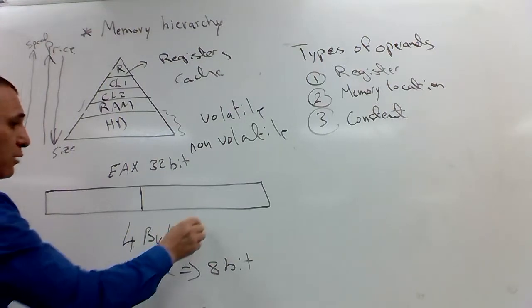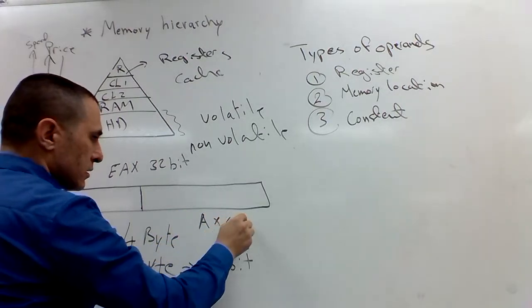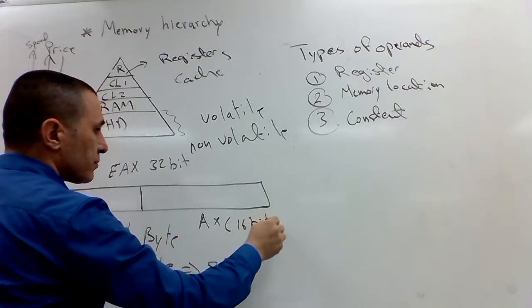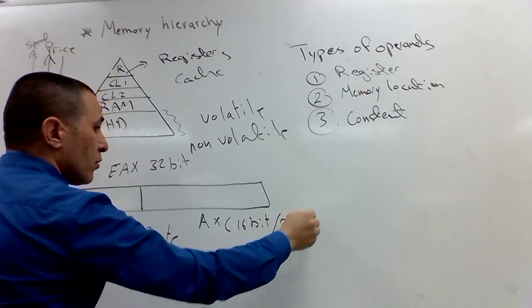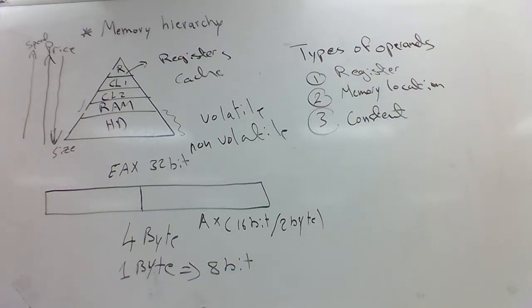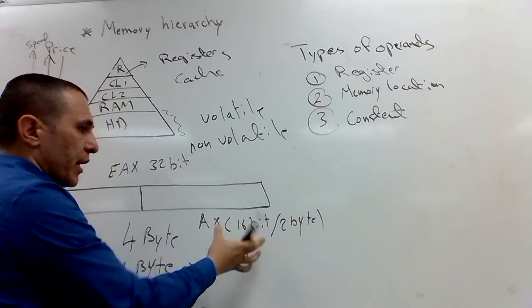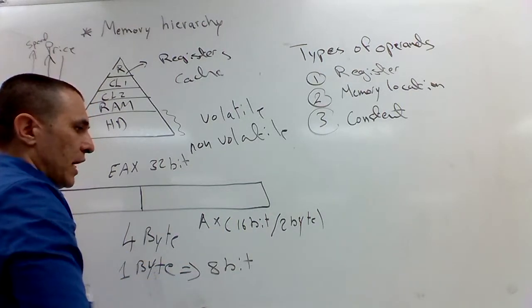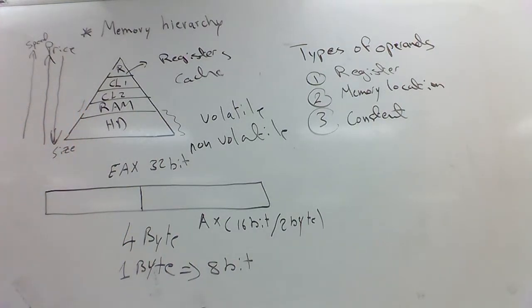I can break it down to AX, which is 16-bit, or 2 bytes, or what's sometimes called a word. And this can be an integer. An integer is 2 bytes. A short is 1 byte. A long is 4 bytes.